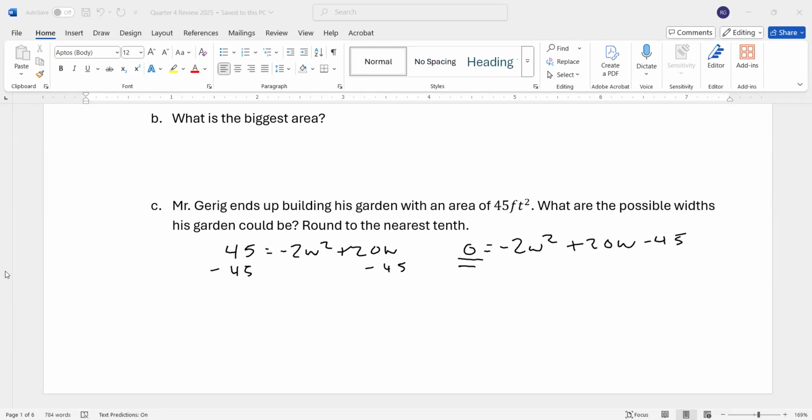So I'm going to do the quadratic formula again. So W equals negative B plus or minus the square root of B squared minus 4AC divided by 2A. So that would be B is 20. A is negative 2. And C is negative 45.